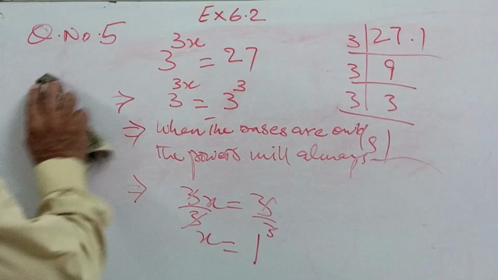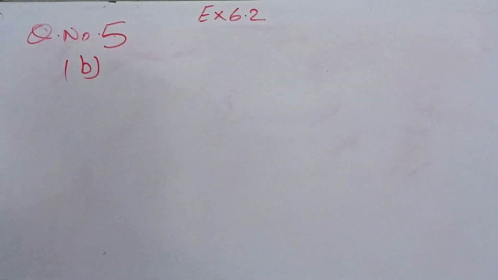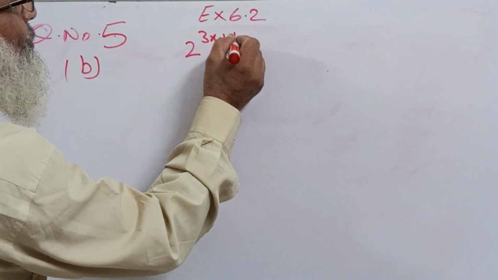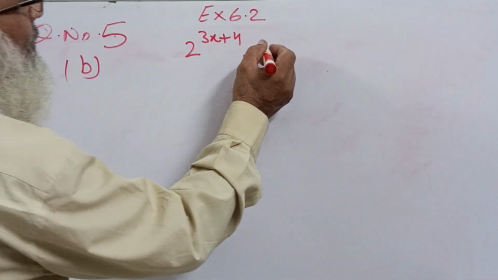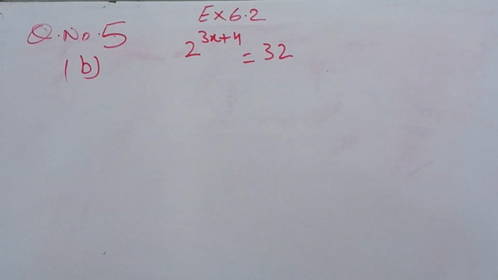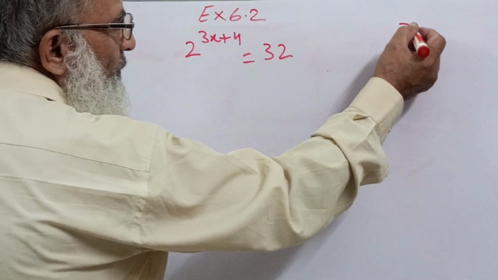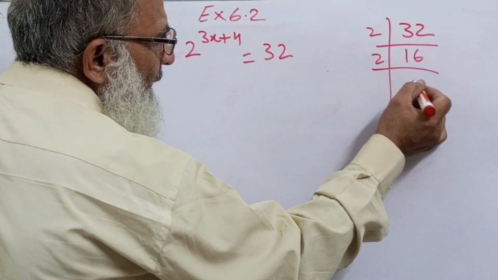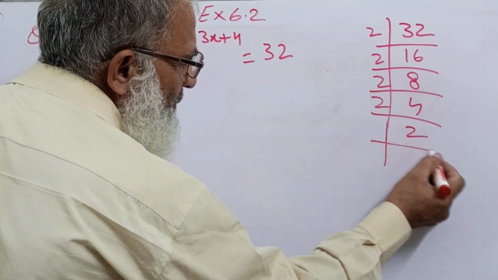This was part A. Okay, now my dear students, let me take part B from question number 5: 2 raised to the power 3x plus 4 is equal to 32. Now again, we have to factorize this. How will we factorize this? You know it very well. 2 times 16, 2 times 8, 2 times 4, 2 times 2 and 2 times 1.